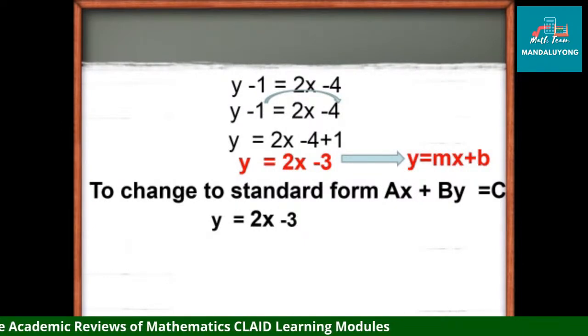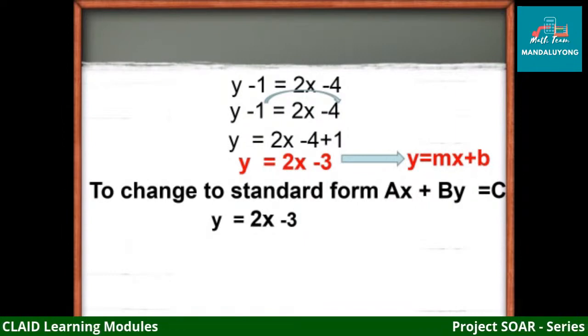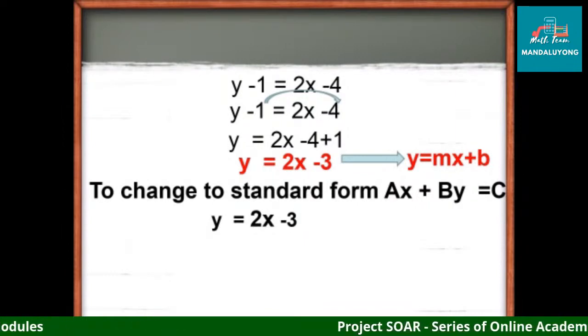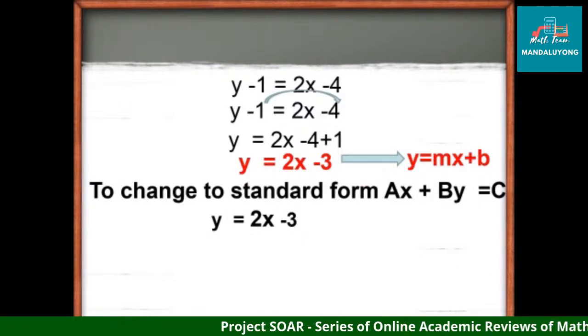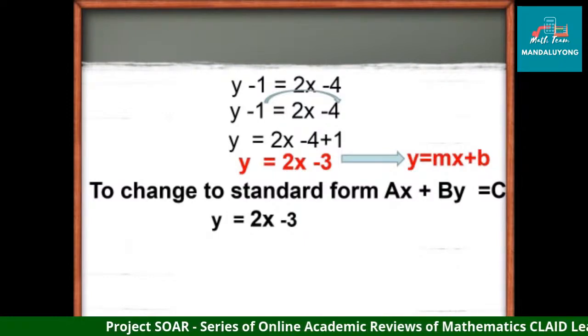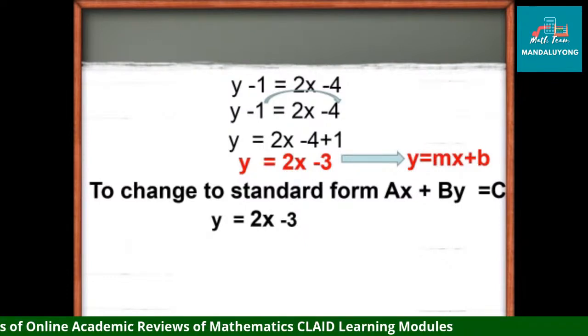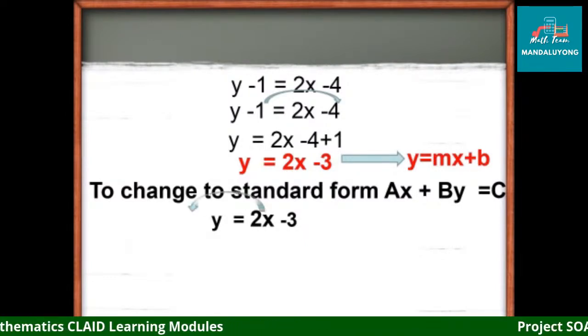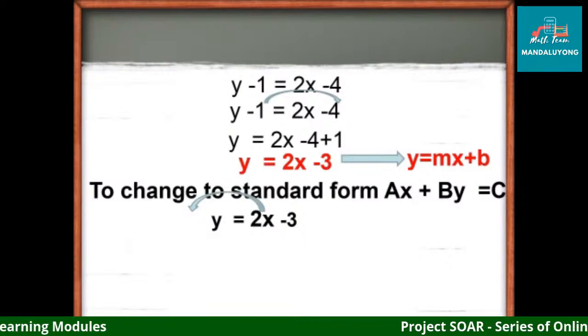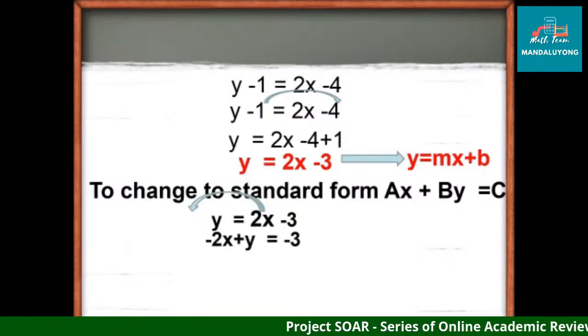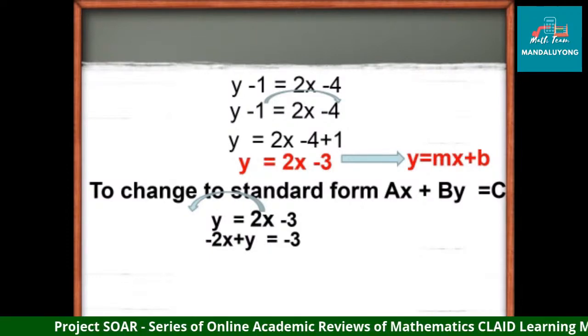Looking at the standard form of the line, ax plus by equals c, terms containing x and y are written on the left side of the equation, while the constant terms are on the right side. So we will apply that to y equals 2x minus 3. We will transpose 2x to the left side, and that will become negative 2x plus y equals negative 3.